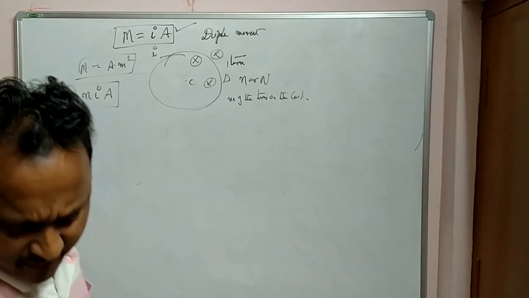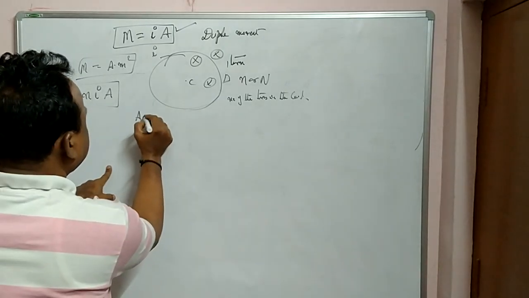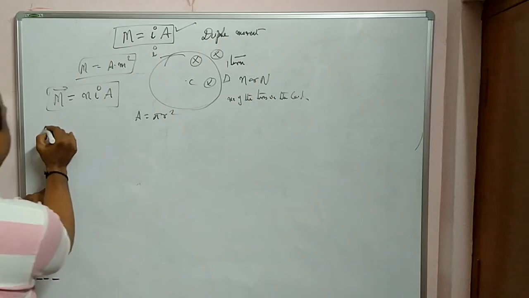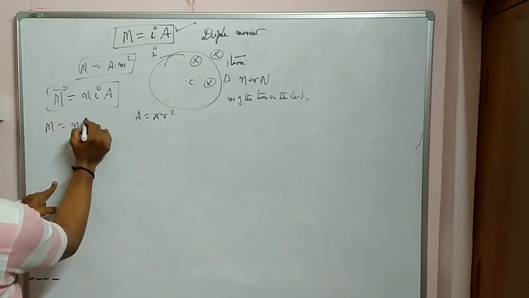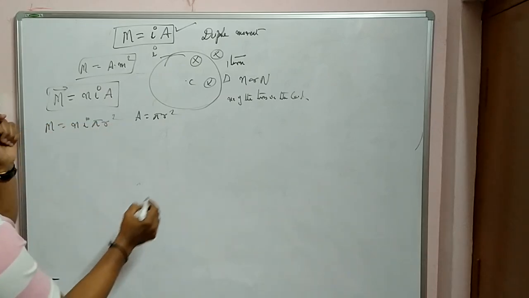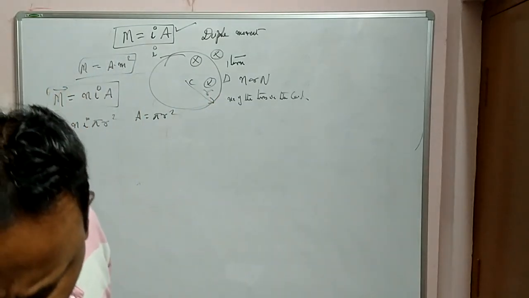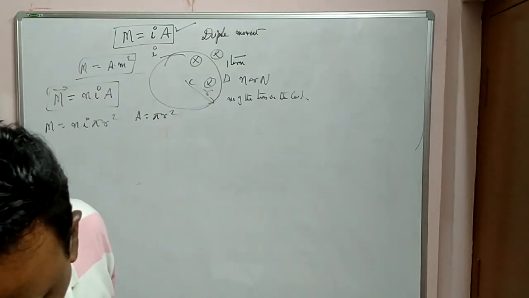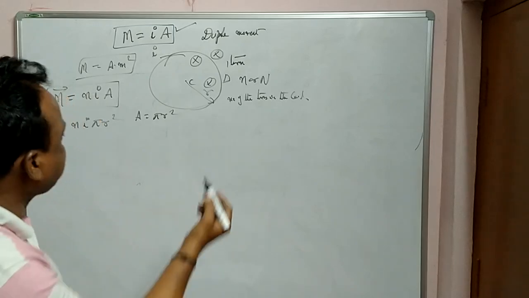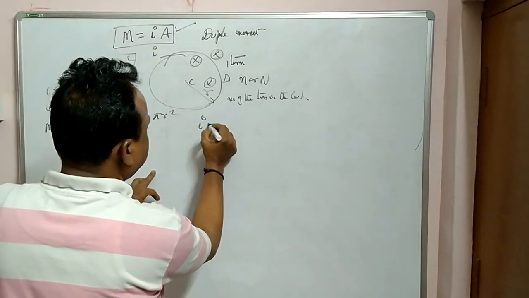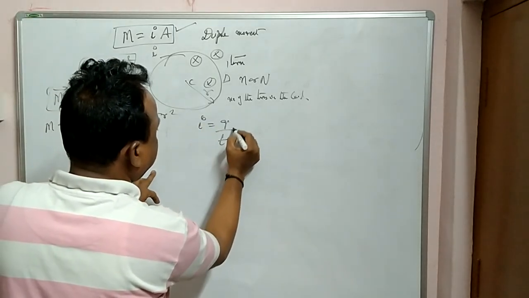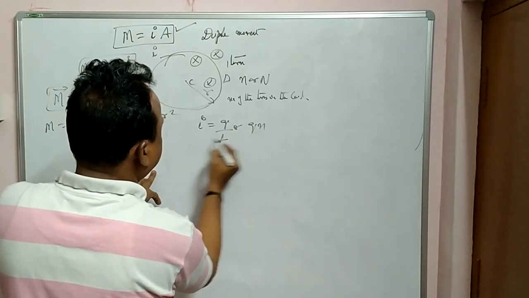Okay? Now area, because it's a circular area, you can take it as pi r square. So what happens? M is equal to N, I, pi r square. And r is the radius of the circle. And already I have given one more equation before in terms of current. I is equal to Q by T or Qn.